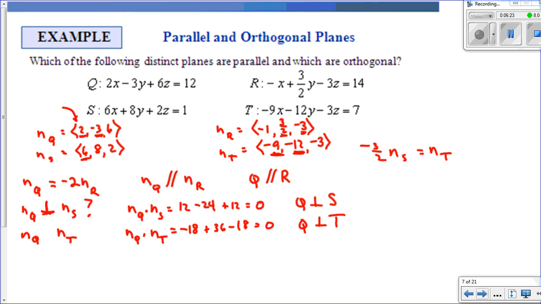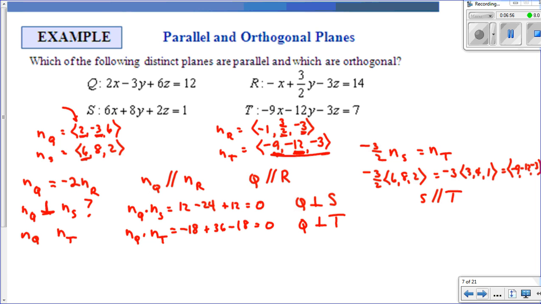So if I took negative 3 halves times NS, divide by 2 first, that would be negative 3 times 3, 4, 1, which would be negative 9, negative 12, negative 3, and that is NT. So we do have that S and T are parallel to each other.